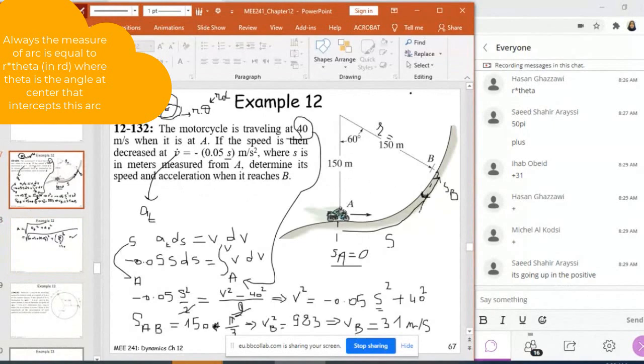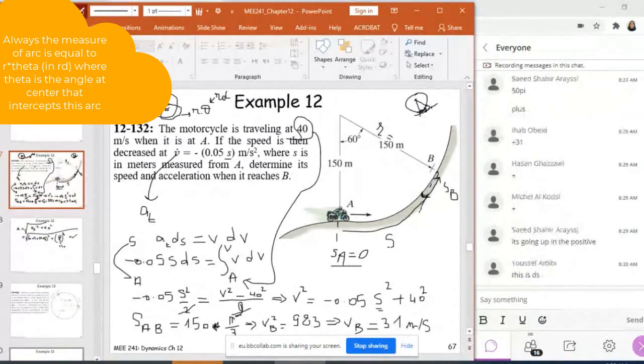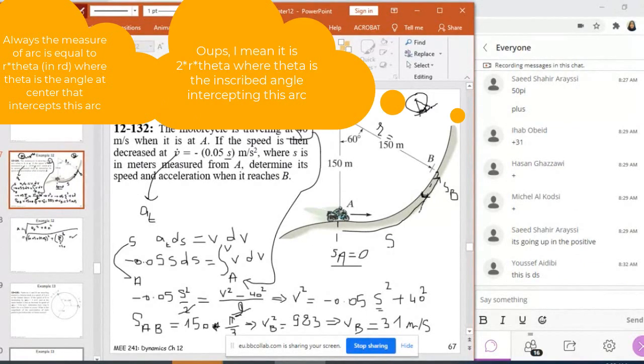So if I have a circle right here, and I need to find this arc, I don't know the angle from the center, but I know the angle, let's say, with this tangent here, or this tangent here, it's the same. This is ds. In fact, guys, this is r theta over 2. Right?